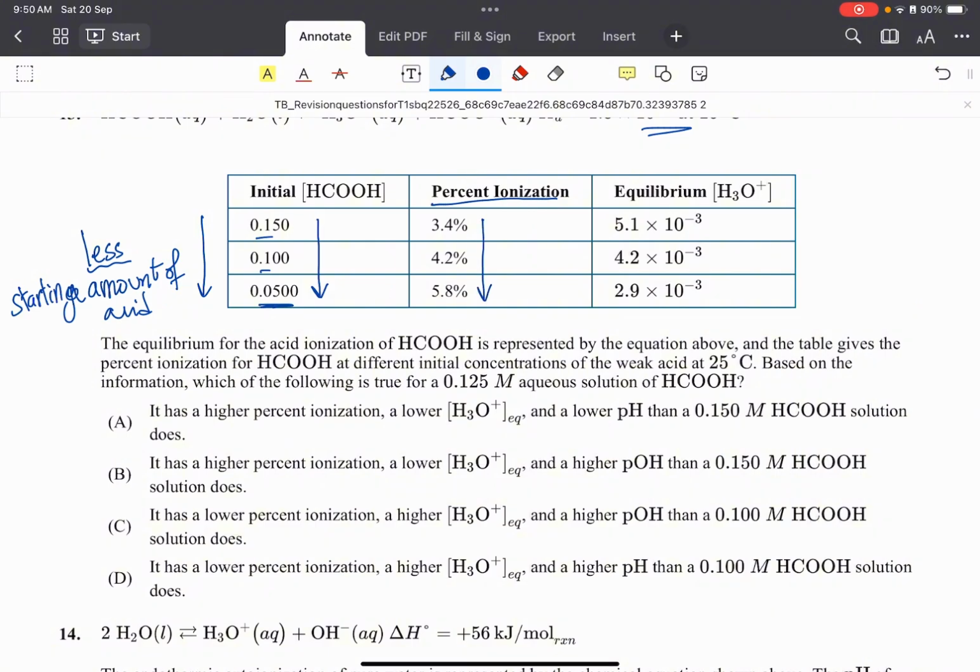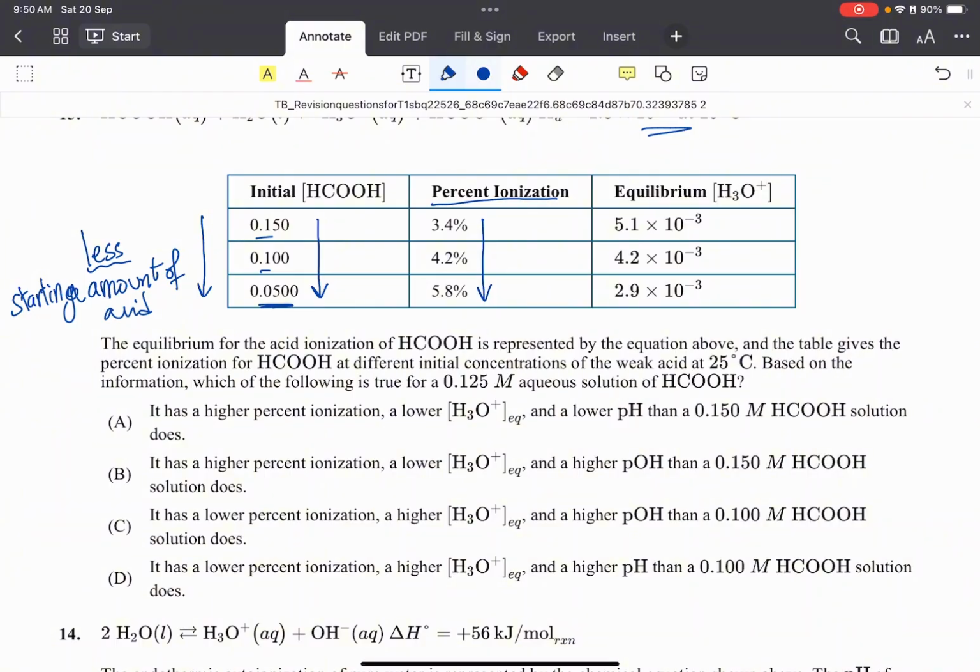So that's why when we dilute an acid, the percent ionization is going to increase, not because the strength increased, no, but because the acid quantity became less. So the quantity that's going to ionize compared to the original one became more significant.